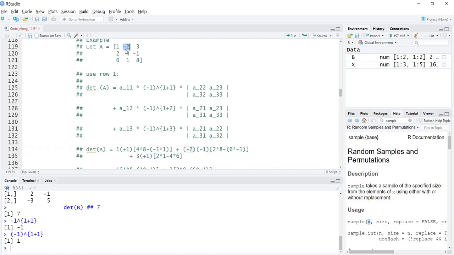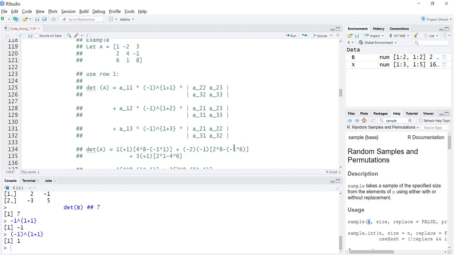so that's a negative 2, which means this row is gone, and the column here is gone too. So I've got 2 and 6, and I've got negative 1 and 8. I need 2 times 8 minus a negative 1 times 6.